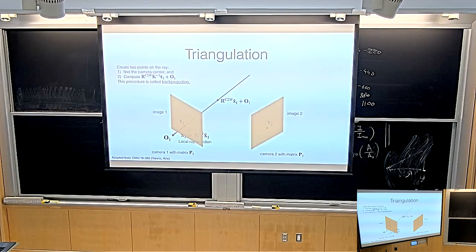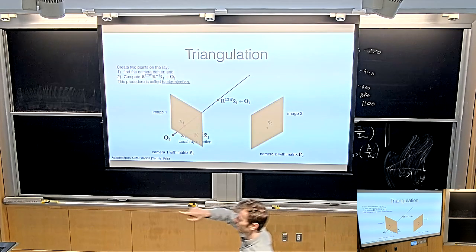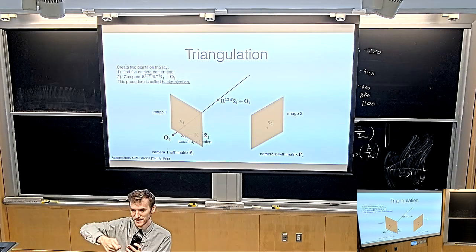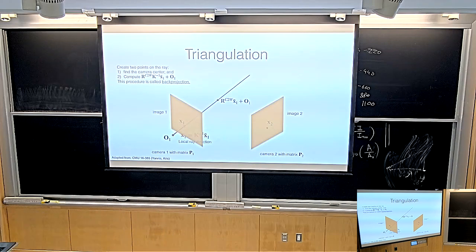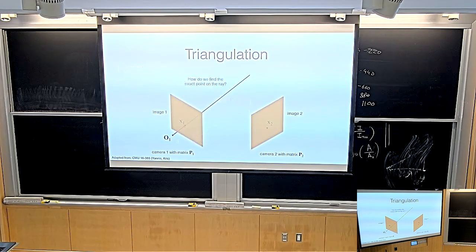Remember, this O1 is the camera origin, so this is the translation of the camera. Then there's this R cam to world, the rotation matrix that takes you from a point in camera coordinates to a point in world coordinates, and so you have to go through the whole matrix P in order to get the points along that line. Does that make sense? We can also talk about it in more detail, but you can ask me if you don't get it. Perfect, good. So this is how you can get this line.